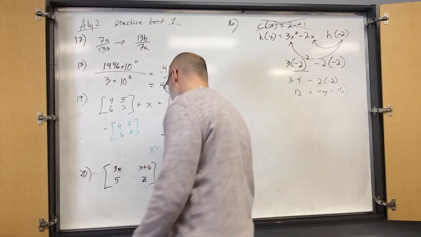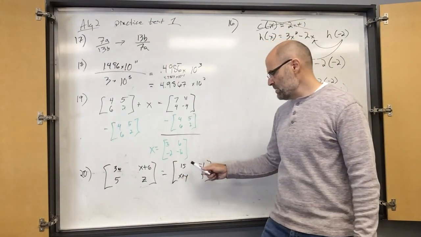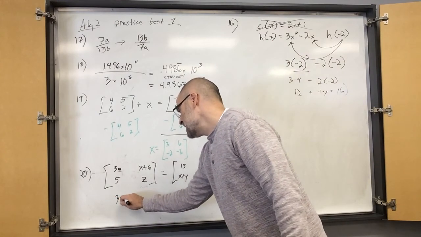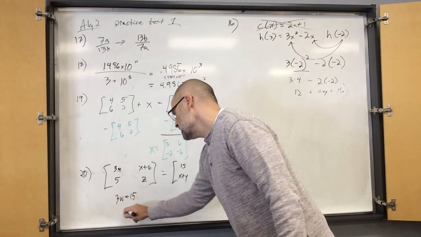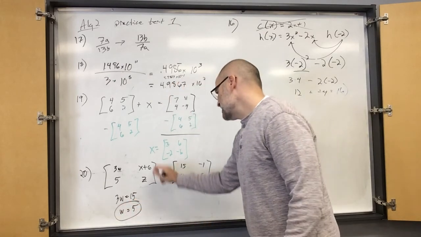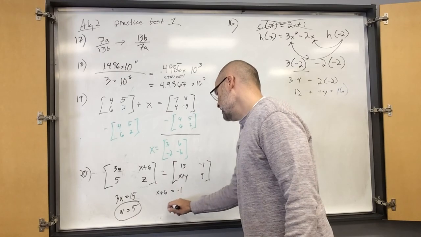Since these are equal to each other, these have to be the same. So 3w has to equal 15, so w equals 5. That means x plus 6 has to equal -1.